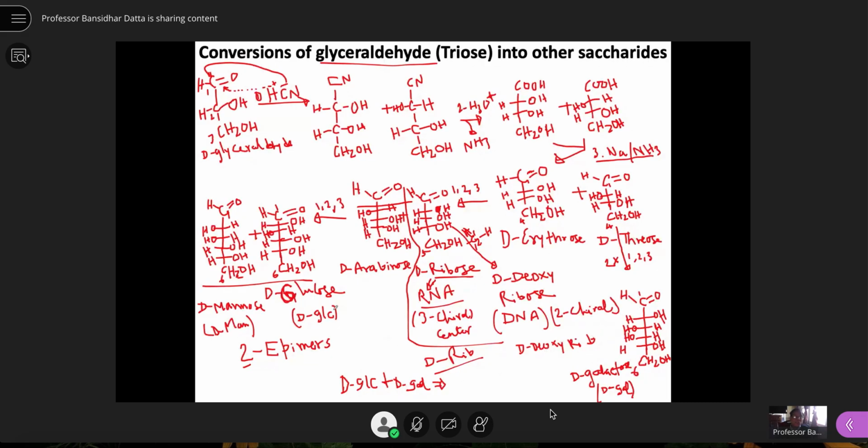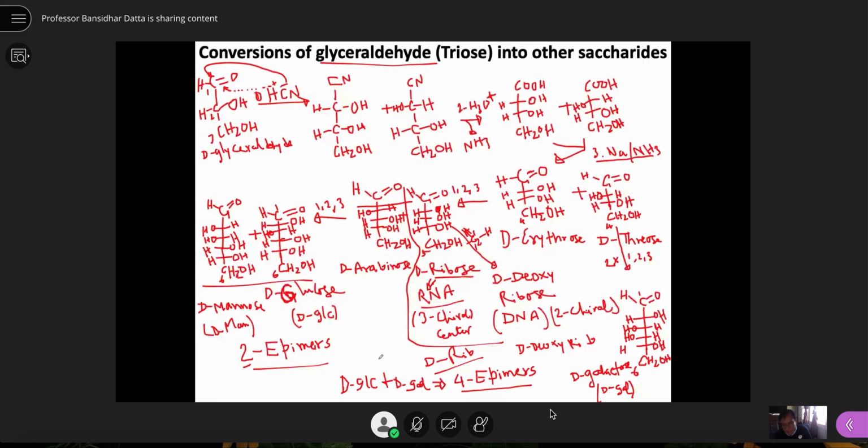So that's why D-glucose and D-galactose are known as 4 epimers. Excellent observation. D-glucose and D-galactose are known as 4 epimers. D-glucose and D-mannose are known as 2 epimers. That's the relationship between those two.